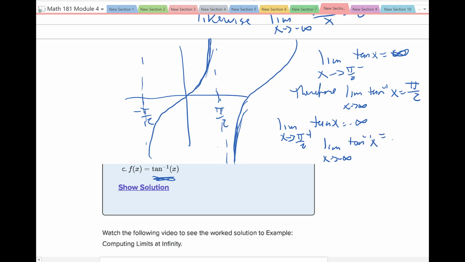That's going to be negative pi over 2. So y equals pi over 2 and y equals negative pi over 2 are horizontal asymptotes. So I should have been citing from this side over here. That's our negative pi over 2. They are horizontal asymptotes.